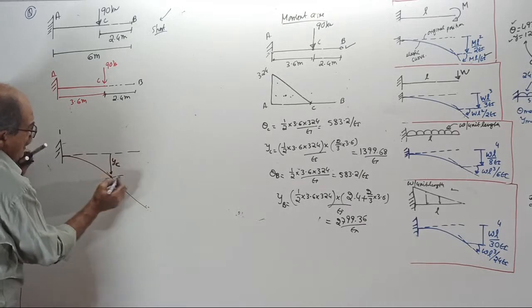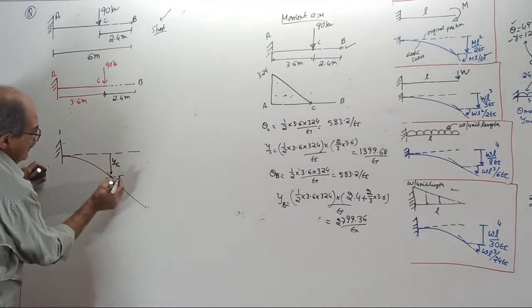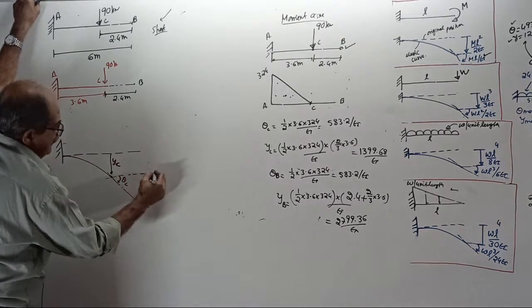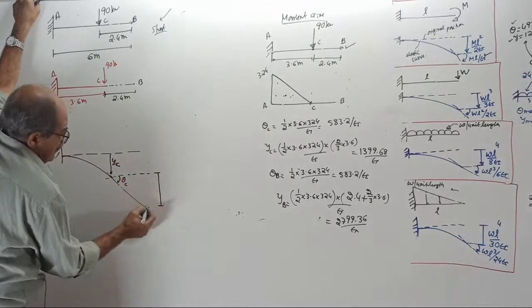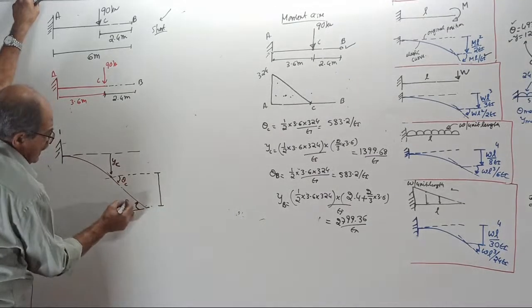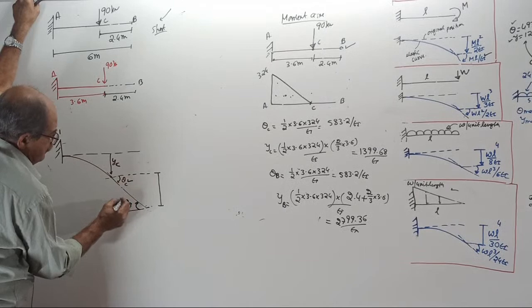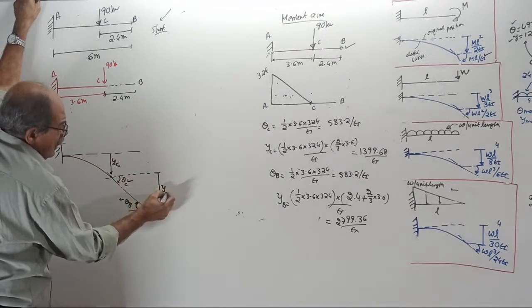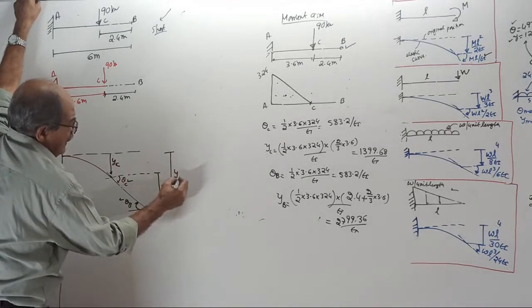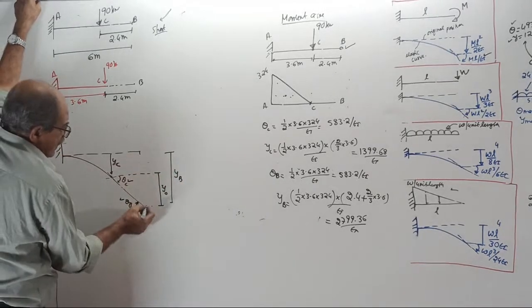This is your theta C, get from cantilever formula. Now, this is your extra; if I draw tangent here, if that is theta C, this is theta B, both are same. Then, this is your Y naught. And this is your deflection Y at B. See, from here to here, Y at B.